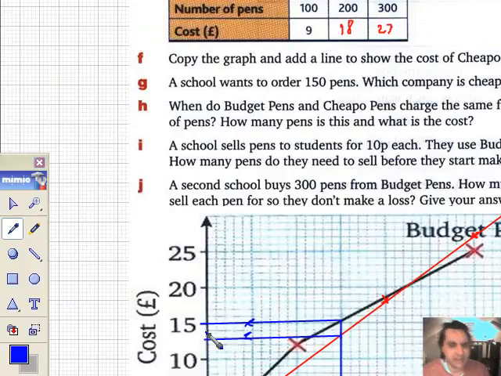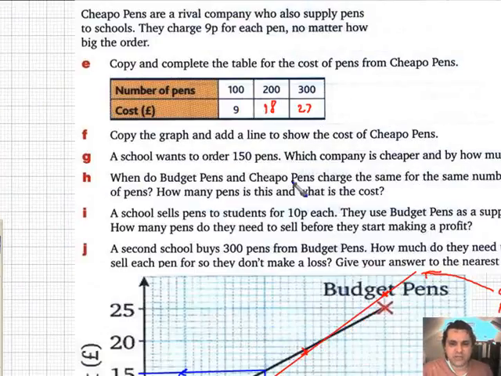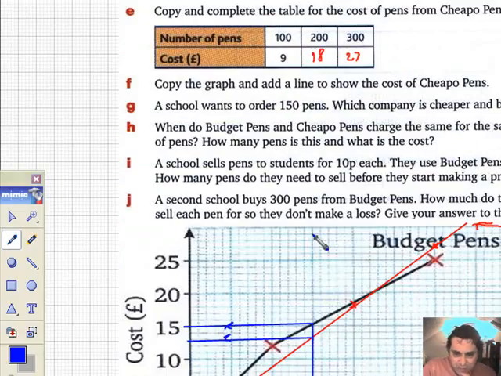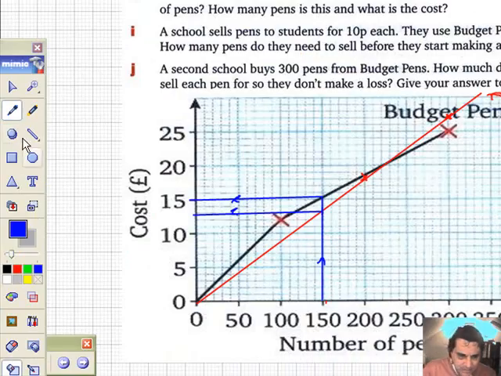When do Budget Pens, this is H, when do Budget Pens and Cheapo Pens charge the same for the same number of pens? Right, and how many pens is this, and what is the cost? Right, I'm looking for where the lines overlap, and I think from my rough graph we're looking at something like that. So I think I want to do another one of these line facility things.